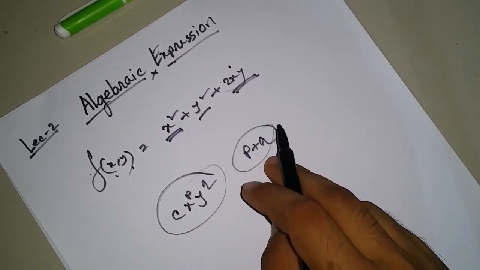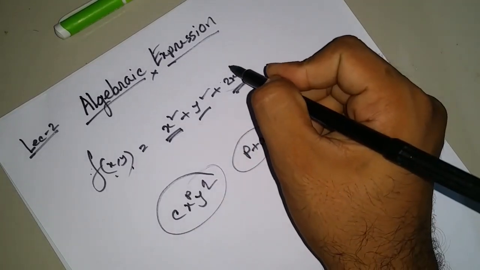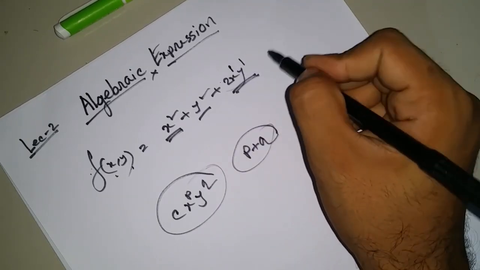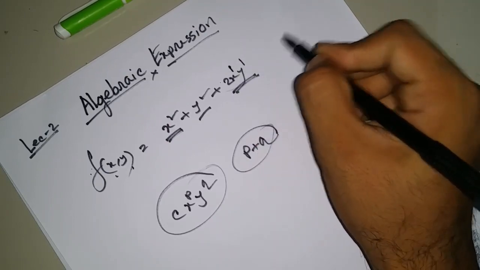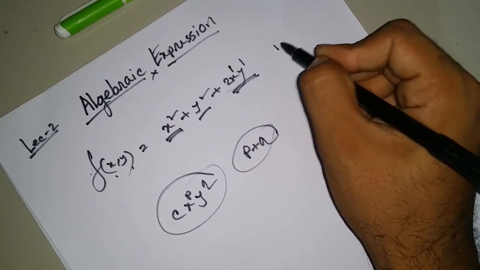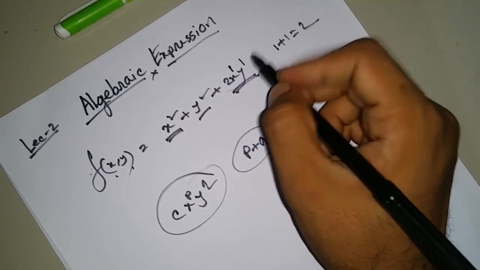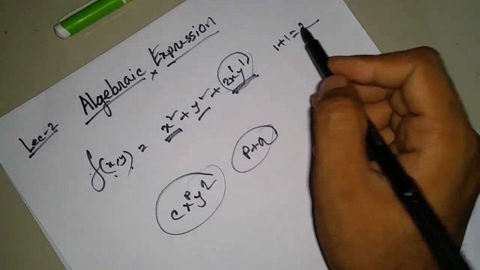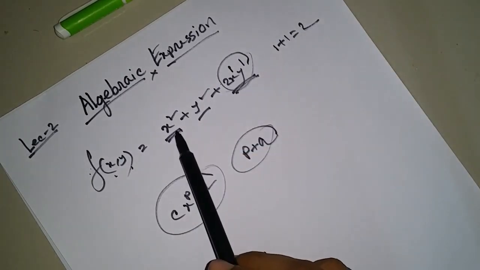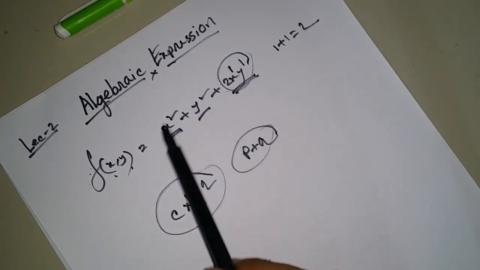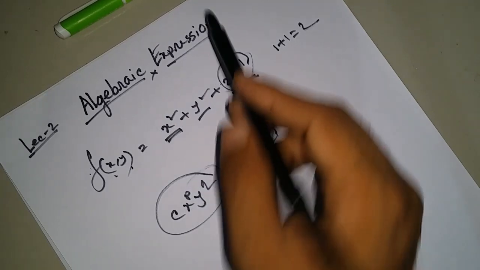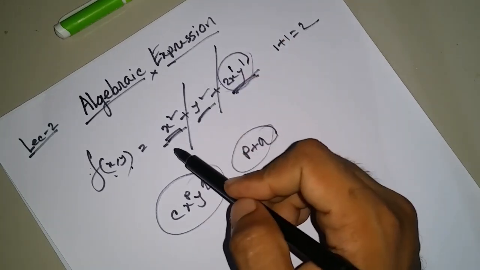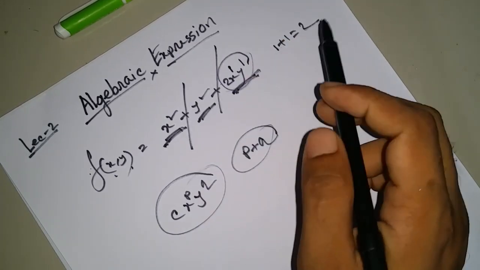Here the power of x is 1 and the power of y is also 1, so the degree of this term is 1 plus 1 equal to 2. So the degrees of all terms are equal, and we know terms are separated by plus and minus. Here there is plus and plus, so 3 terms are present.